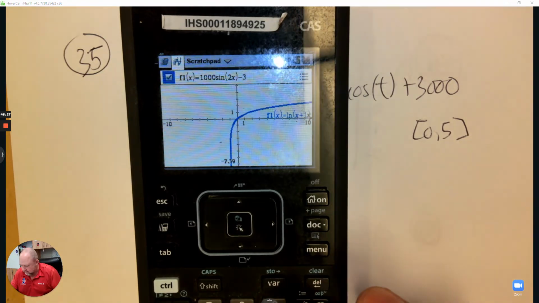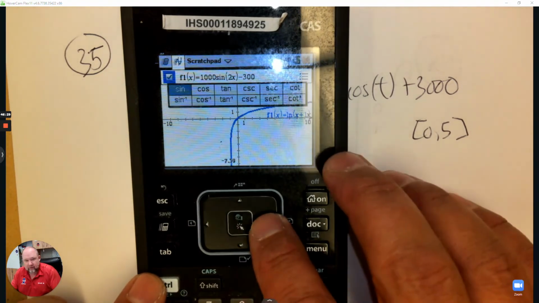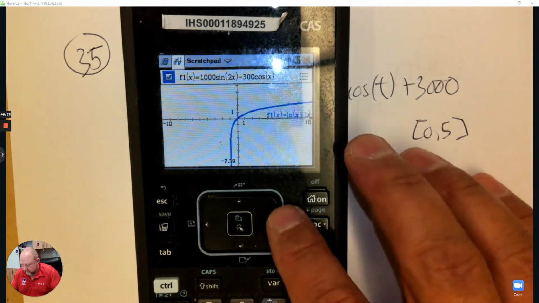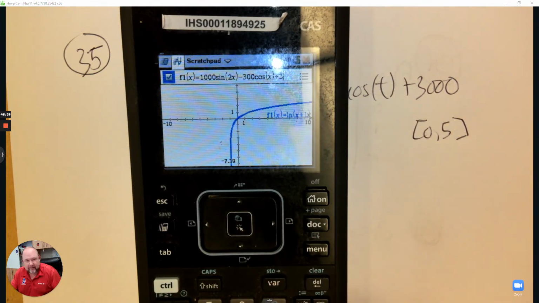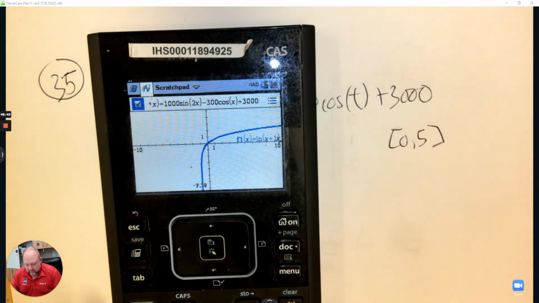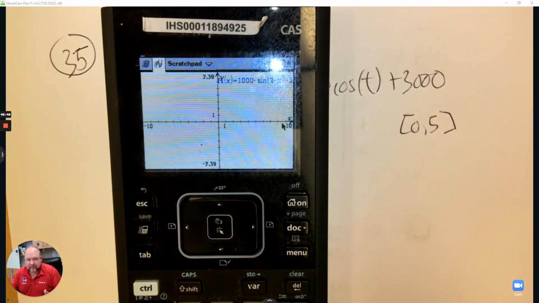Subtract 300, cosine, trig button, cosine, that's just going to be x, and then plus 3000. Just double check, we have 1000, we have 300, 2x, x plus 3000, so it looks okay. And then press enter, so it's defined.